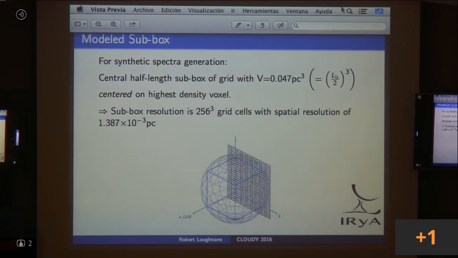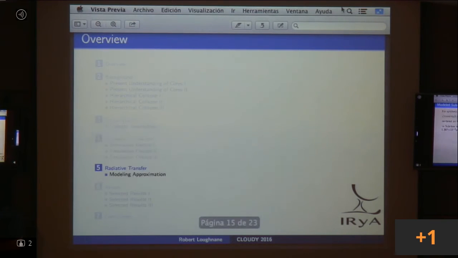And again, like in all synthetic spectral production, you must center your box on the highest density voxel, which for this very simple simulation is at the center. The sub-box is 256 cubed, and it has a spatial resolution of 1.4 times 10 to the minus 3 parsecs.